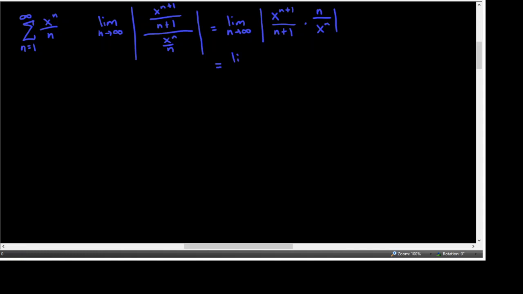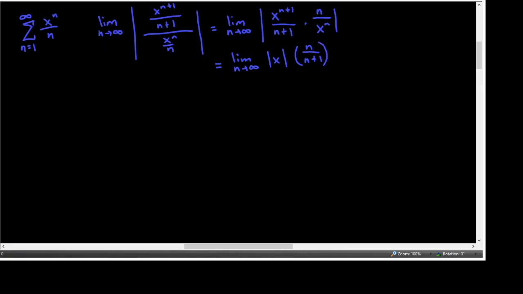And dividing the powers of n, x to the n plus 1 divided by x to the n leaves x. And that has to stay in the absolute value because we don't know if x is positive or negative here. But the n over n plus 1 can be taken out of the absolute value because n, remember, is 1 or bigger, generally speaking.